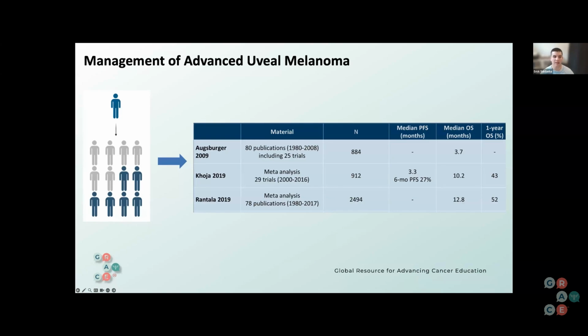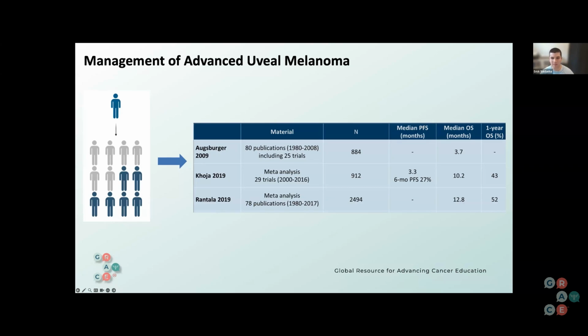But the problem is that until 2021, when trials were investigating novel technologies and novel molecules to treat these patients, no systemic treatment, meaning chemotherapy or the classic immunotherapy, what we call checkpoint inhibitors, had provided patients with a very good response rate, and ultimately no improvement in overall survival.